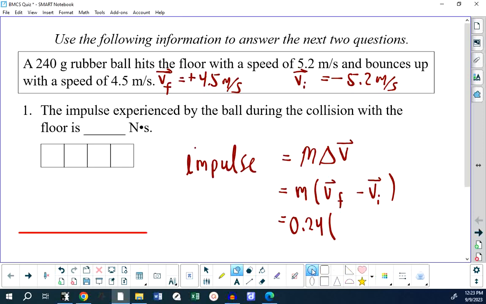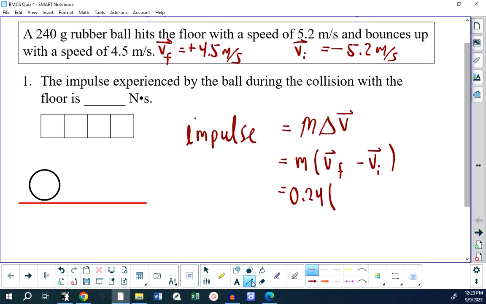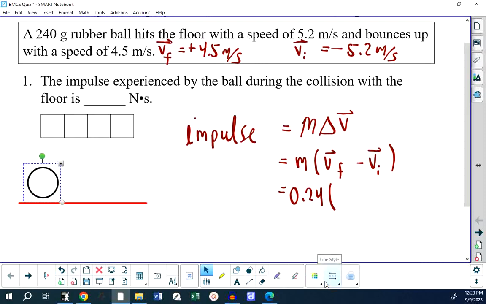When the ball is moving down, just before it hits the floor, its velocity is downwards because it's moving downwards. This velocity is not just 5.2, it's negative 5.2 meters per second.